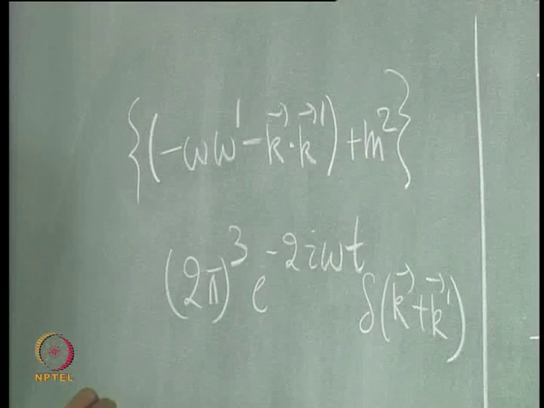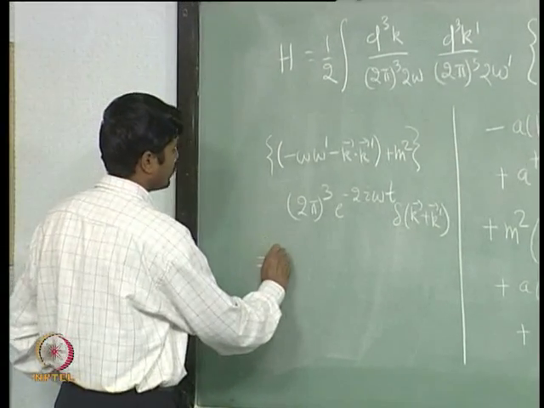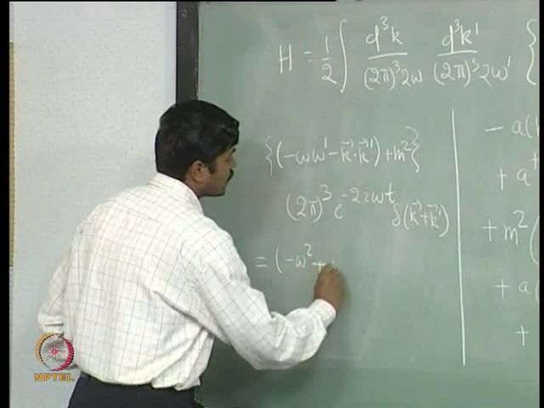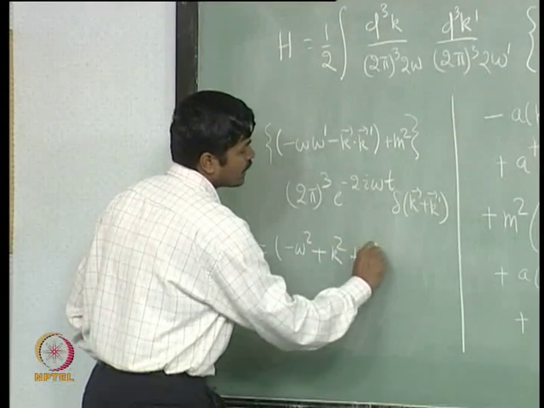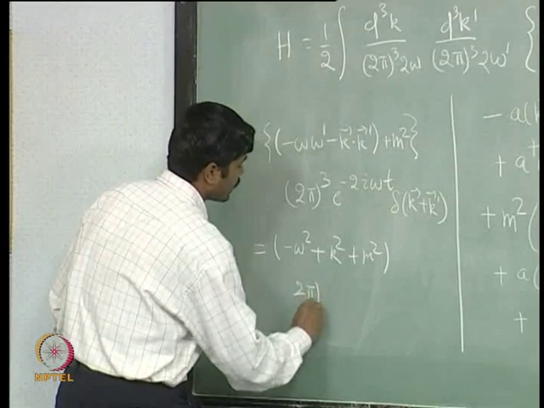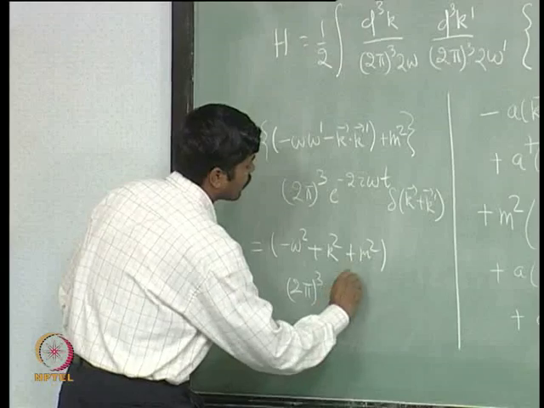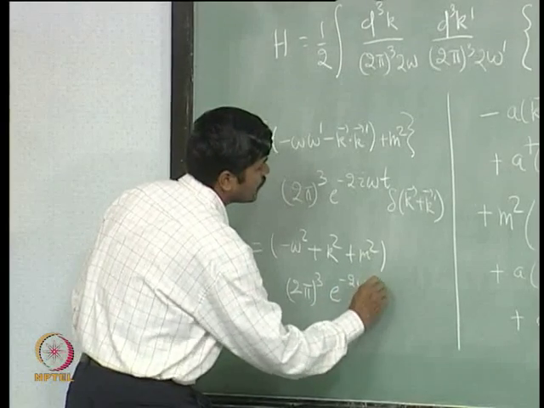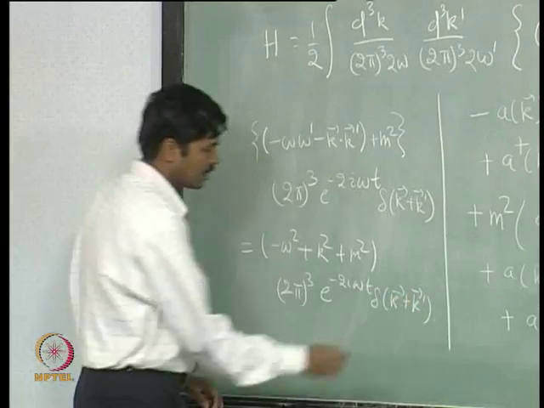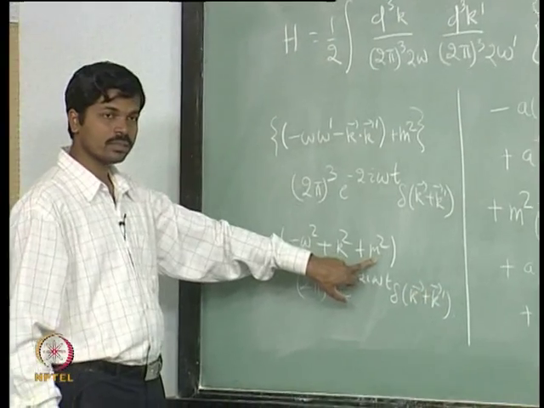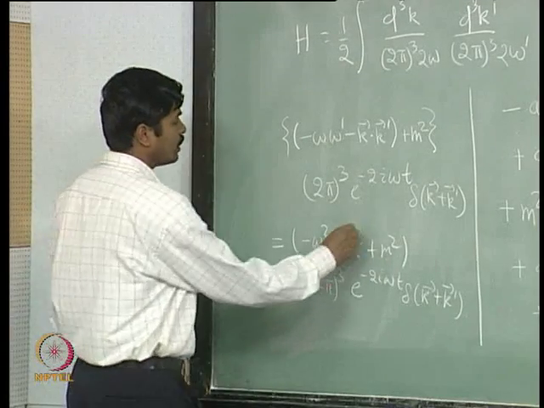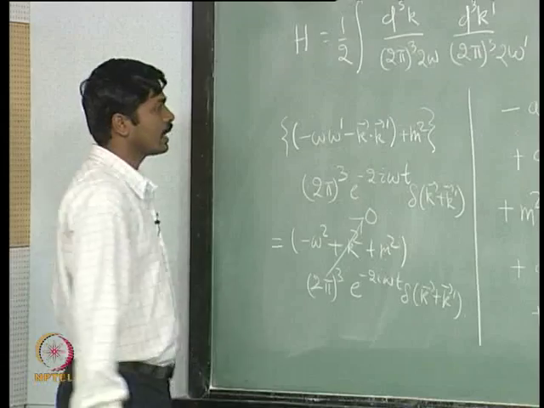So, when you do that, this term will become minus omega square plus k square plus m square, multiplied by the whole thing 2 pi cube e to the power minus 2 i omega t delta of k plus k prime. What is this? This is 0 because omega square is k square plus m square. So, therefore, this term cancels.